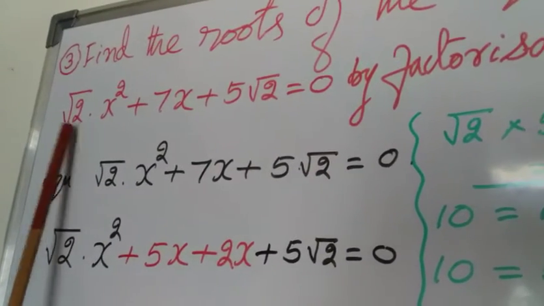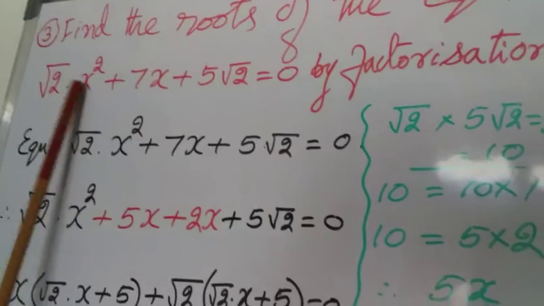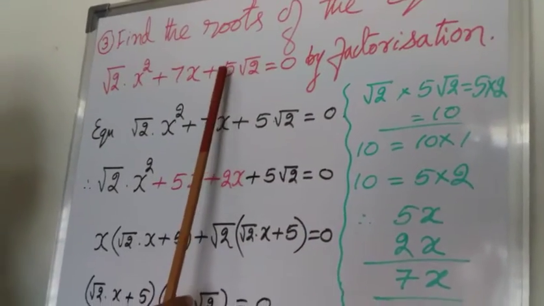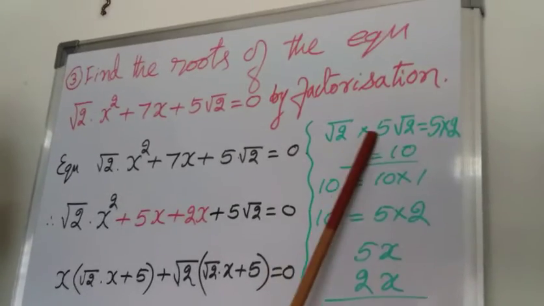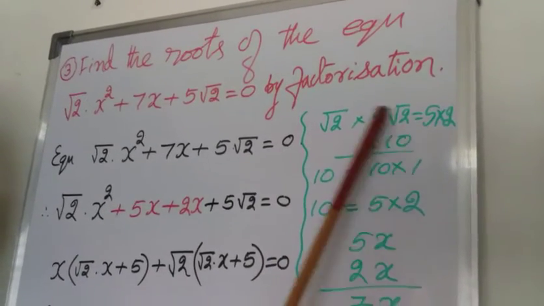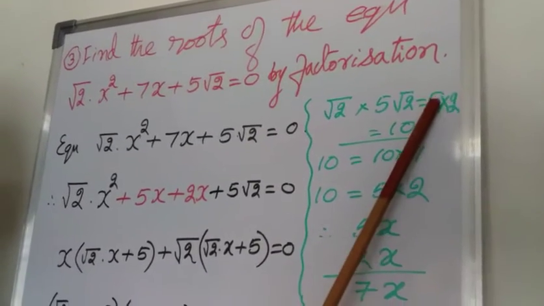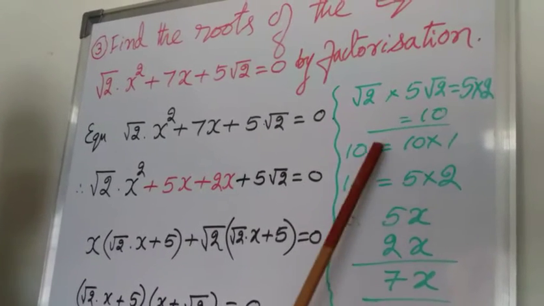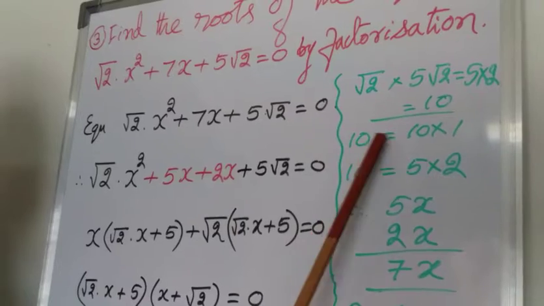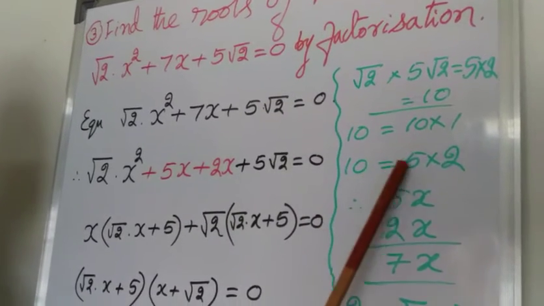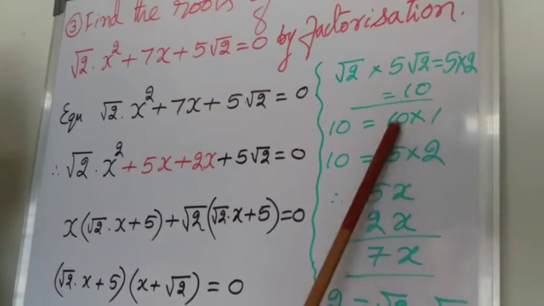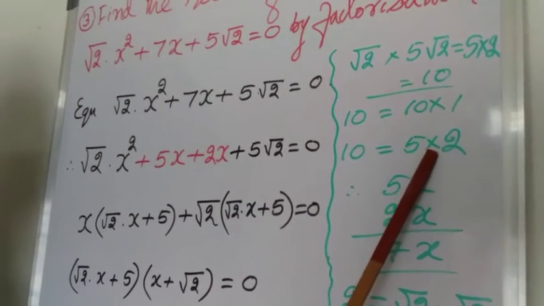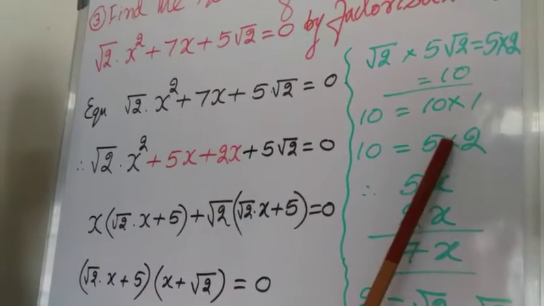So take the coefficient of x square, root 2, and the constant, 5 root 2, and find their product: 5 root 2 into root 2, that is 5 into 2 equal to 10. Find the factors: 10 equal to 10 into 1, and 10 equal to 5 into 2. Out of these two pairs, this pair is suitable.